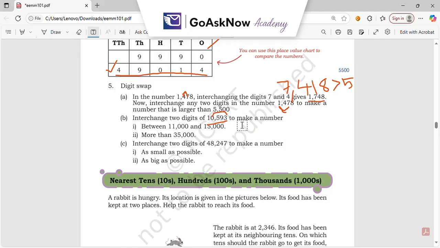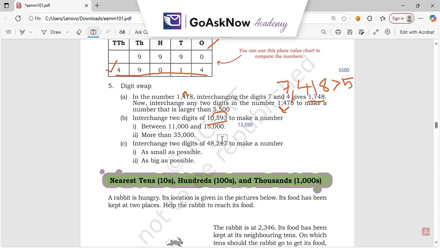Let me write using the text tool. Exchanging 0 and 3 gives 13,590, which is between 11,000 and 15,000. Now a number which is more than 35,000. We can exchange what values?